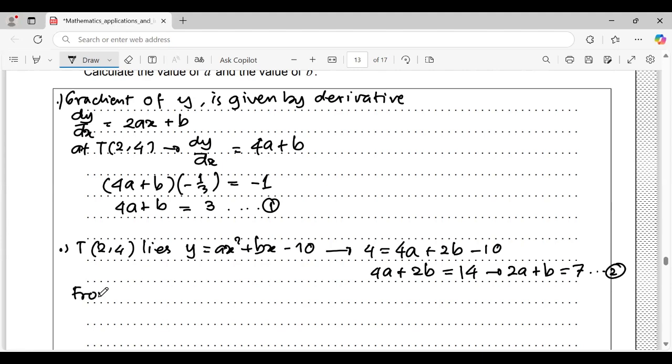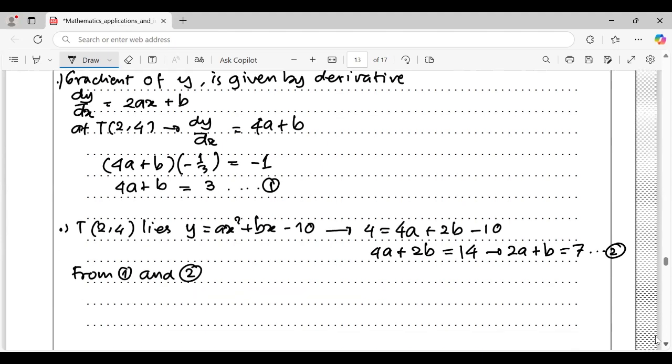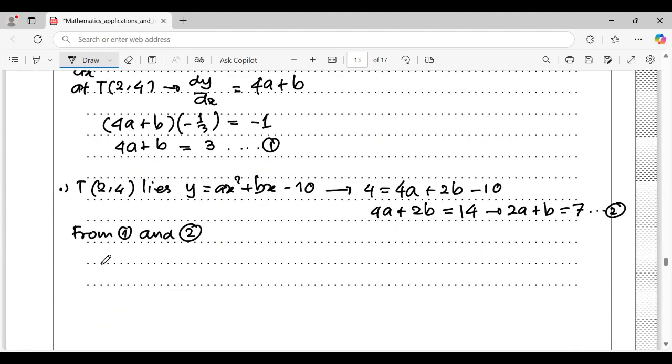Okay, from the first equation and second equation: first equation 4a plus b equal 3, and the second equation 2a plus b equals 7.